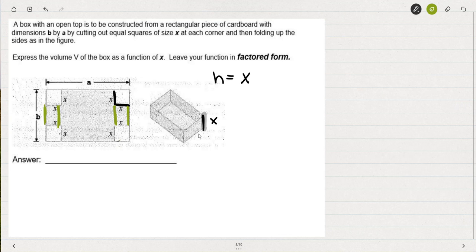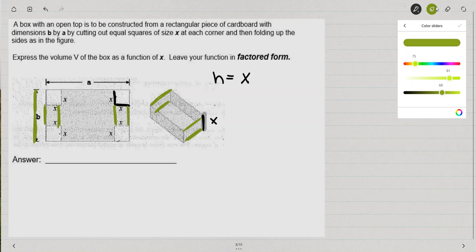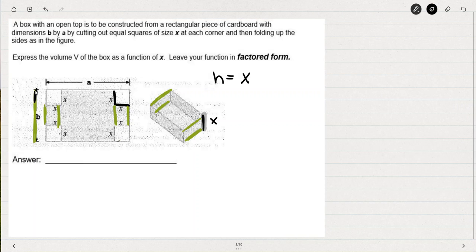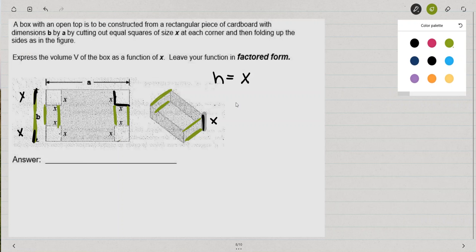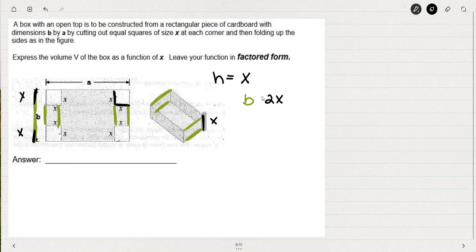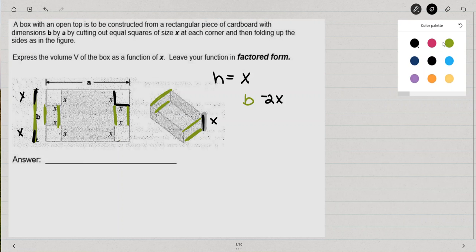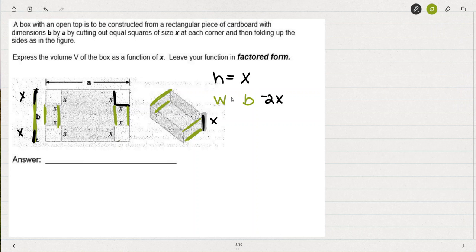So that green line is the width. 1, 2, use any of these 4. They're all the same, right? And how long is that? Well, if it started out to be B units long, and we then subtracted 2 x's, then what we've got left is B minus 2x. And we could call this the width of the box. The width is going to equal B minus 2x.